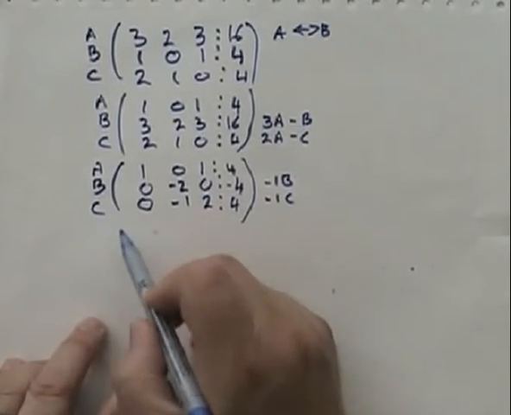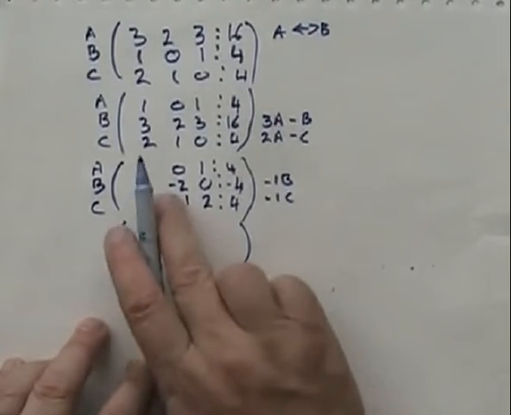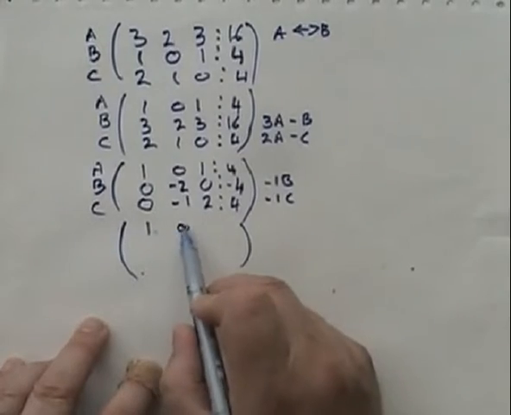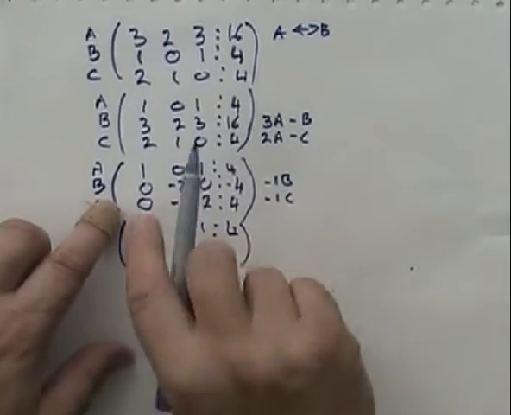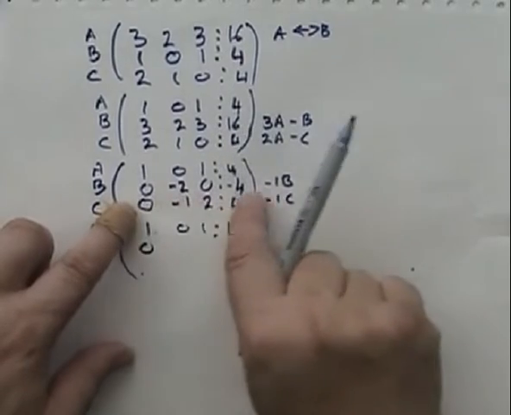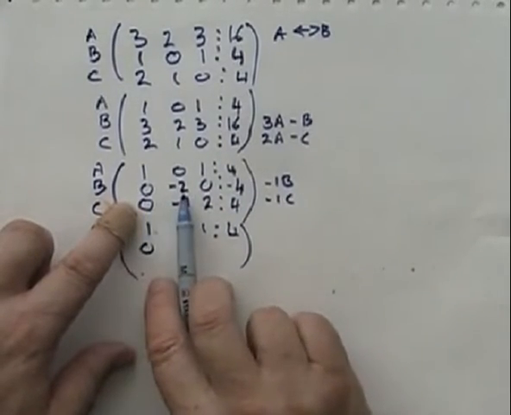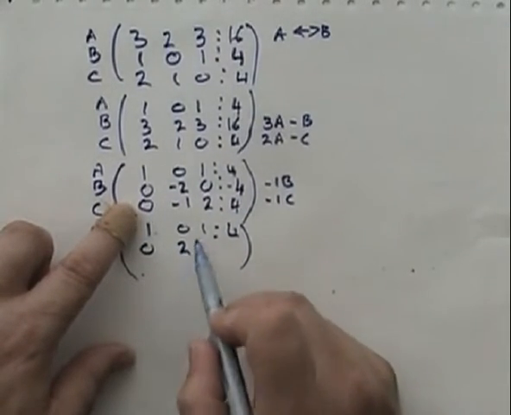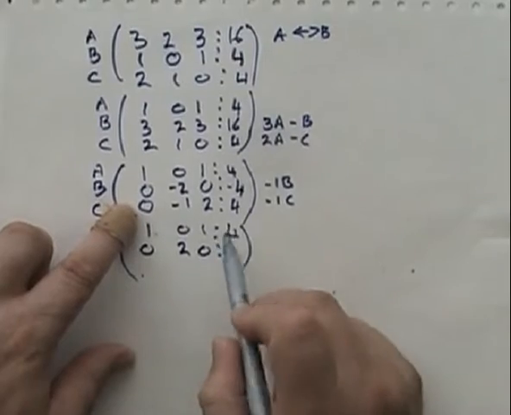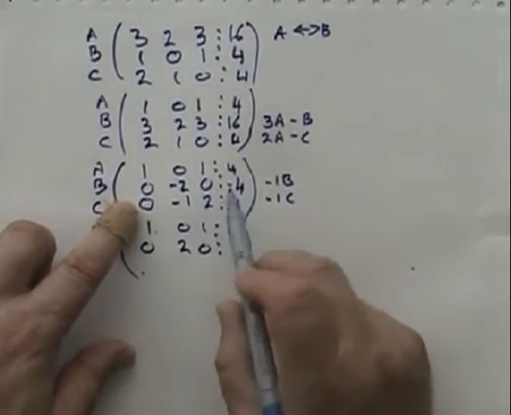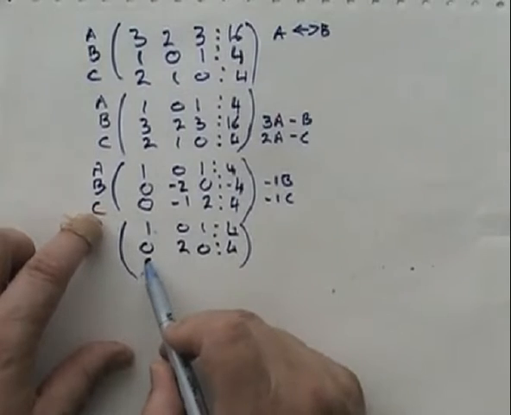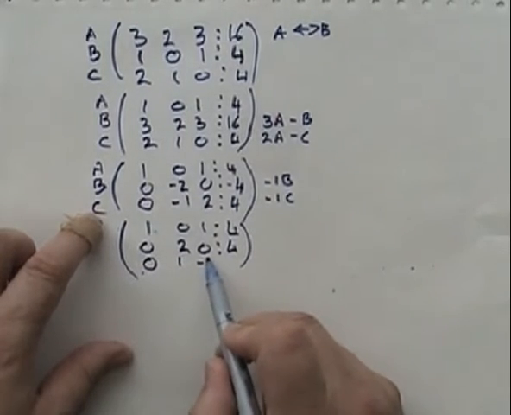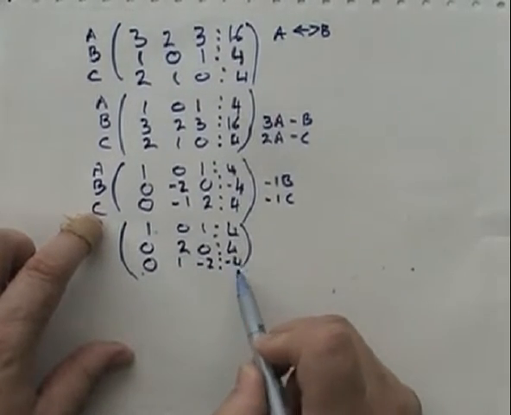It's row A, B, C. Not touching row 1: 1, 0, 1, 4. Row B, I'm going to multiply everything on that row by negative 1. So negative 2 times negative 1 becomes positive 2, 0. Negative 4 times negative 1 is 4. And I'm going to do the same here. This is just a tidy up. So minus 2, minus 4.